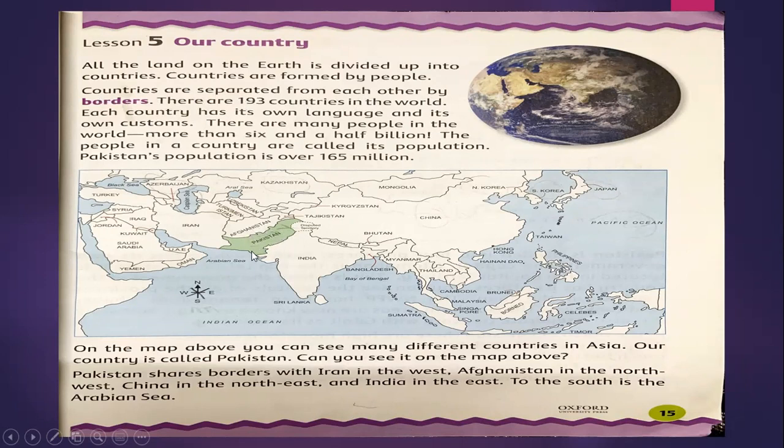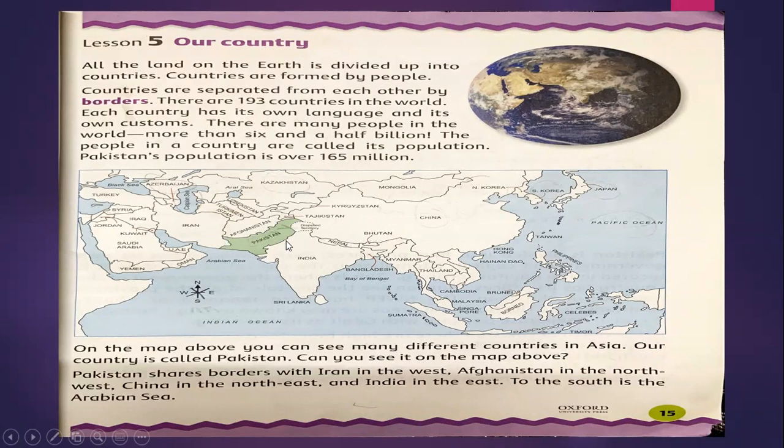How does one country know up to which area they have their country? So the different countries are divided by their borders. Look, here is India and here is Pakistan. This black line between these two countries, because the land is one, it's joined. So the people there, the government there, they decide to make a border between two countries. This is a border. This is a border.